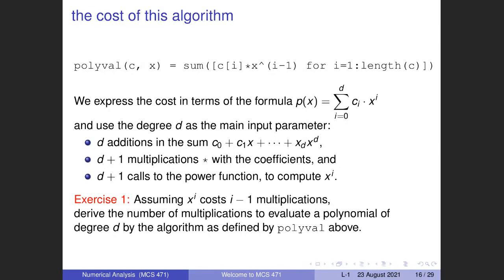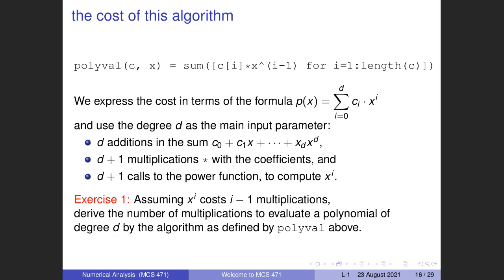All right, so there was a brief hiccup with my internet at home, but I should be restored now. The formula and the code will guide us through the cost analysis. We do a number of additions, as many additions as the degree. Now we do one more multiplication, as with the coefficients, and then we have the calling of the power function.